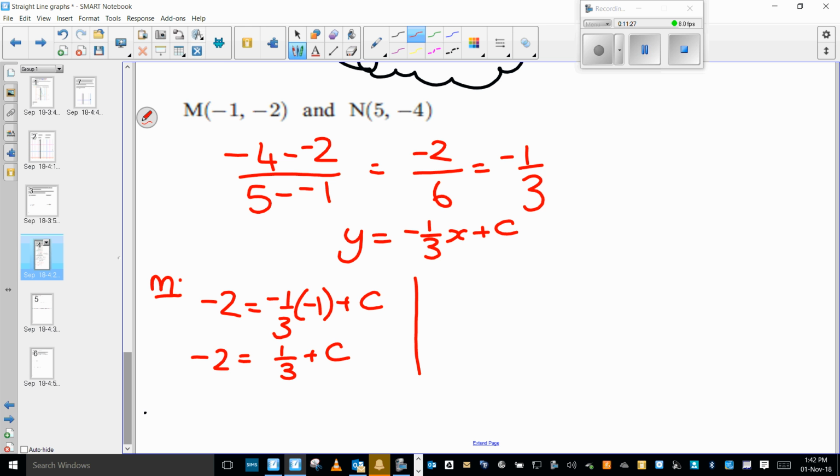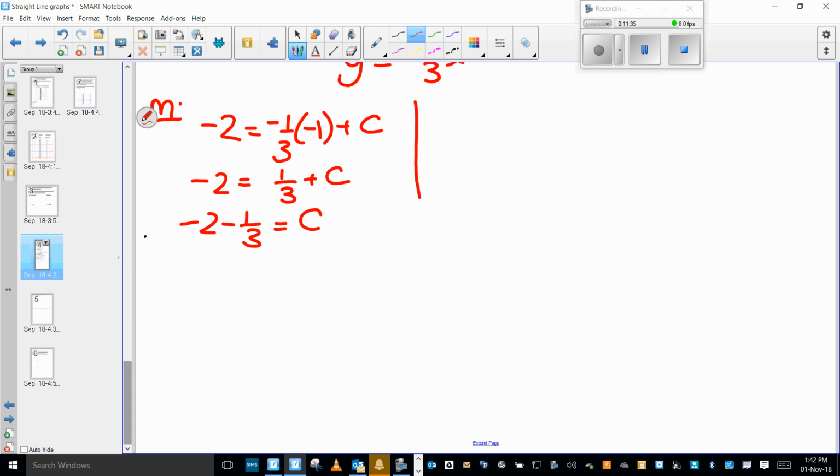I didn't say you were wrong. Negative 2 subtract a third is c. So we make it common denominator. So this becomes negative 6 over 3, subtract 1 over 3, which is negative 7 over 3.